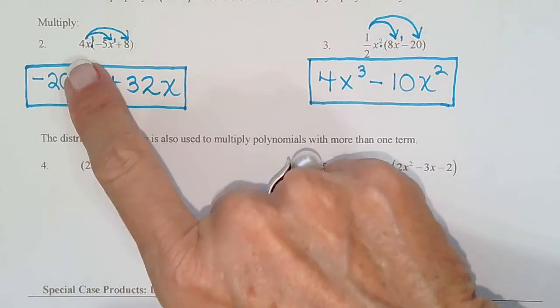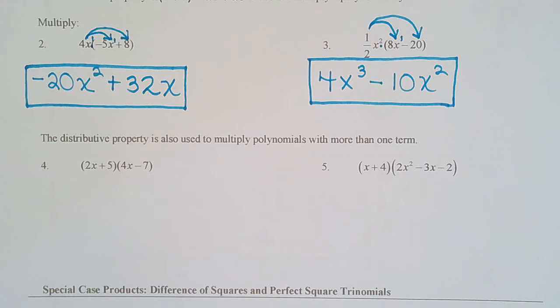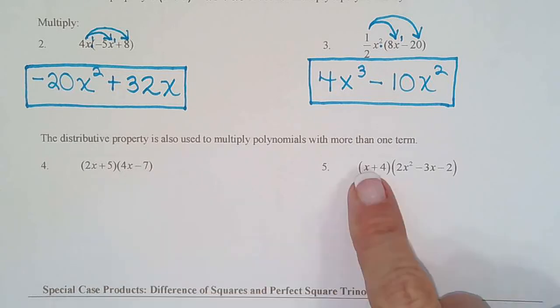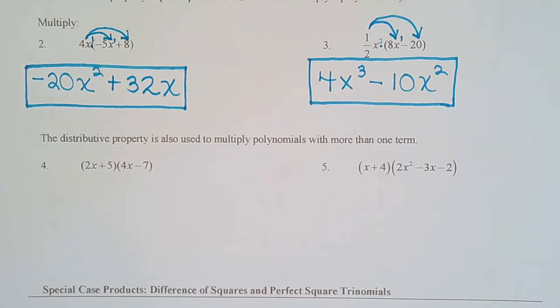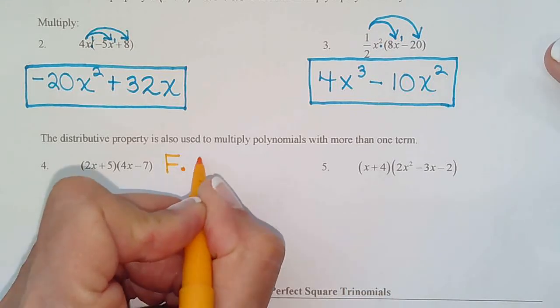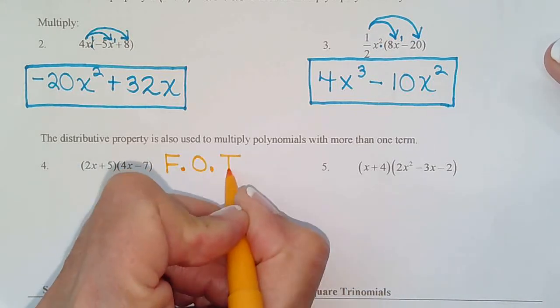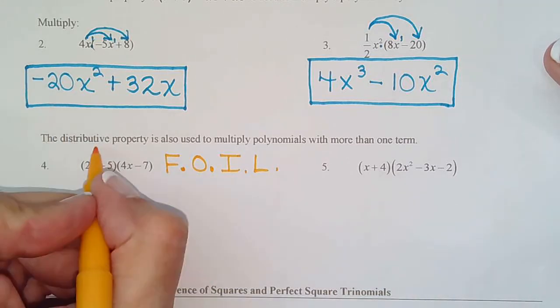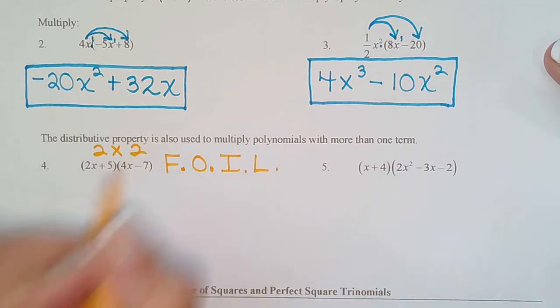Okay, so now we know how to multiply a monomial times a binomial or a polynomial. Now we need to talk about how do we multiply a binomial times a binomial or a binomial times a trinomial. Most of you learned FOIL in high school, and we use that for 2 by 2, 2 terms by 2 terms, so that we call it a 2 by 2.